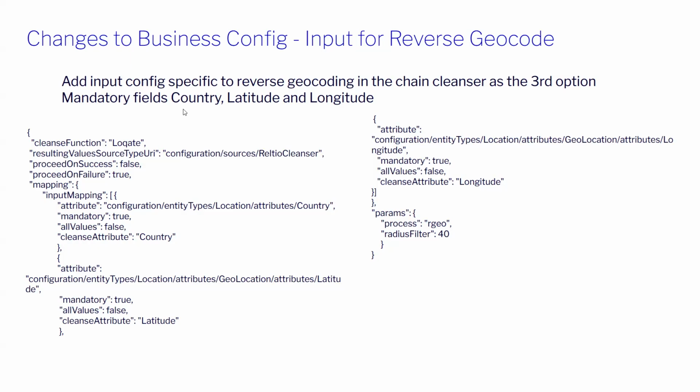This should be added as the third configuration, and the chaining should be done in such a way that only if the first and second do not return a response, only then is this called. So if the address being created does not have address lines and only has latitude, longitude, and country, only then should this configuration be called. This is how we'll configure it in L3.